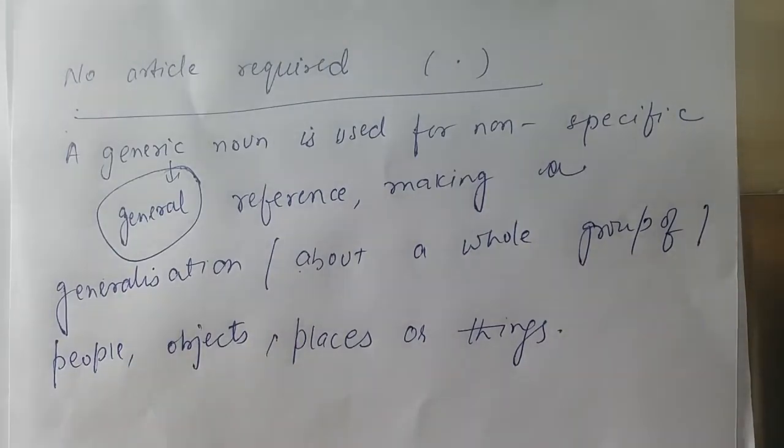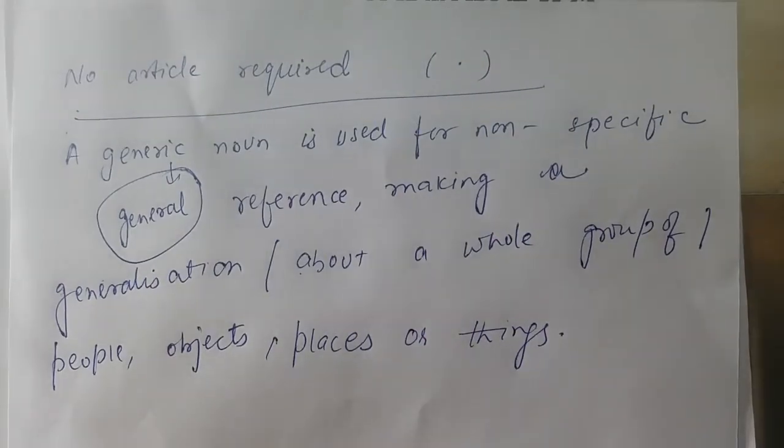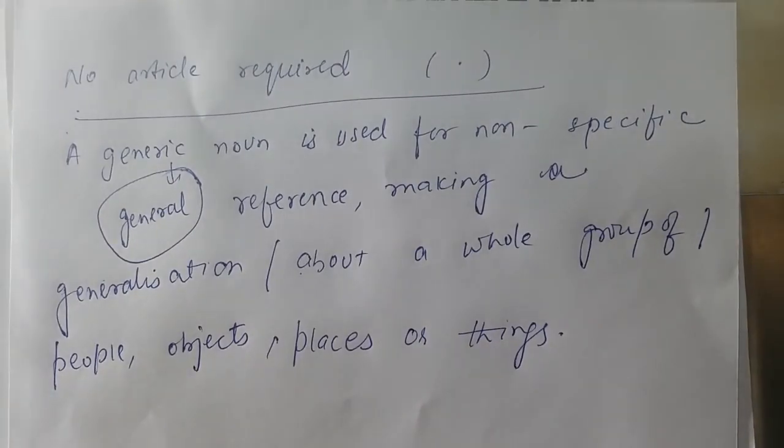So this is the definition of a generic noun, right? It is related to a whole group of people, objects, places or things. So there is no article required in front of them, right?